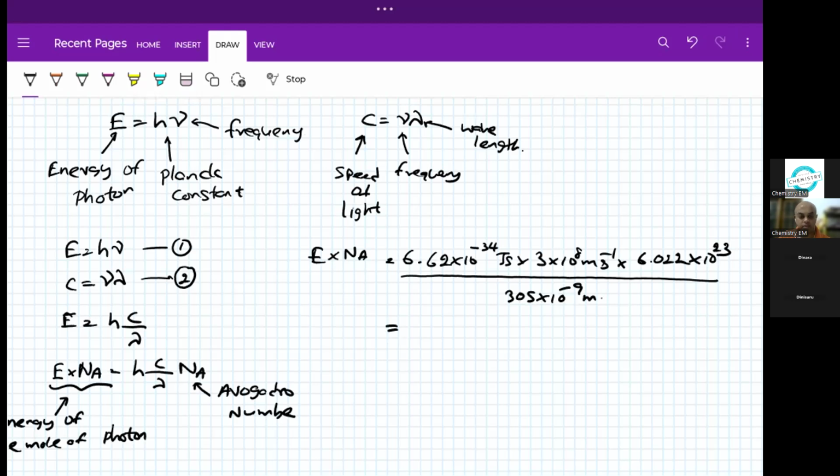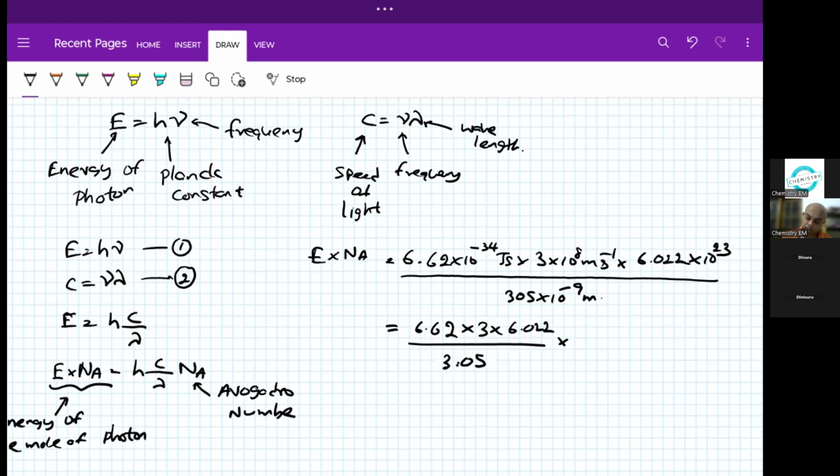There is a little bit of calculation here, so you have to do that. Now the answer should be, let's try to do this a little bit. 6.62 into 3 into 6.022 divided by 305, let's consider this as 3.05. If this is 3.05, that will become 10 to the power minus 7.